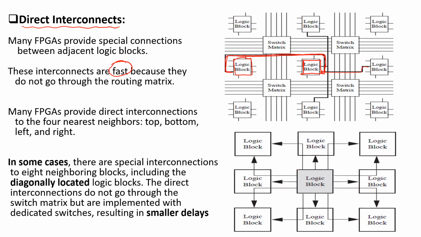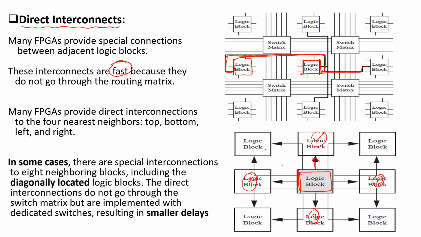For example, if you consider this one particular block, it is possible to connect to four adjacent blocks: this is the first, this is the second, this is the third, and fourth. So one particular logic block can communicate to four neighboring logic cells by using this direct interconnect. Sometimes in special cases, we can consider diagonal connections also.